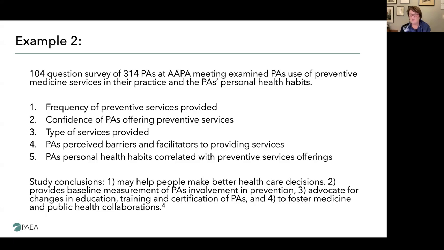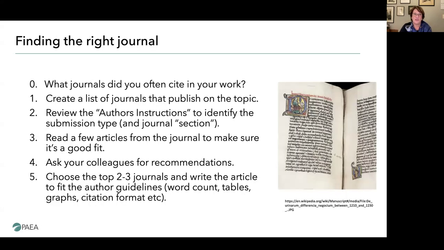And frankly, a call to action article about advocating for changes in education and training could be useful. So some of the data could be repurposed for call to action articles, which are really not research articles, but more policy-focused articles.